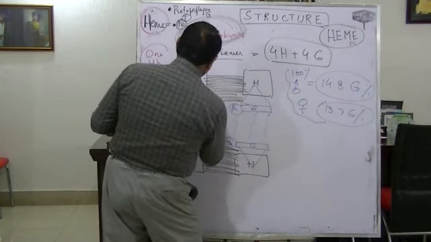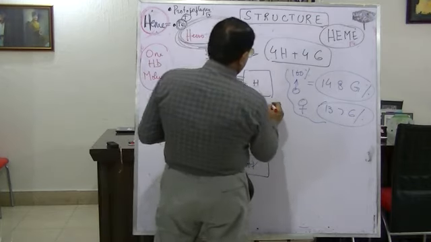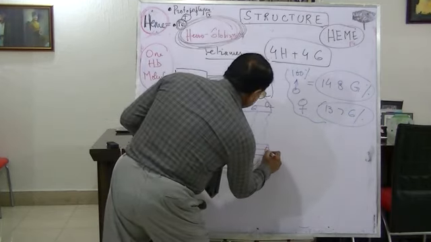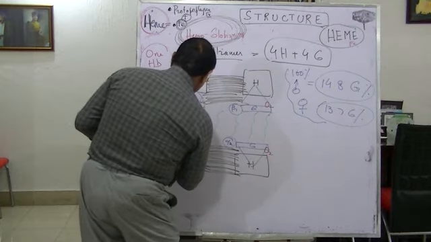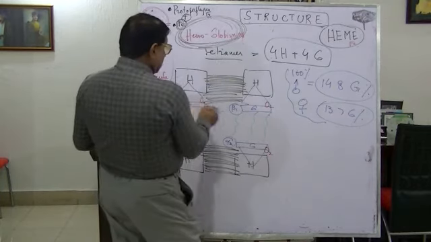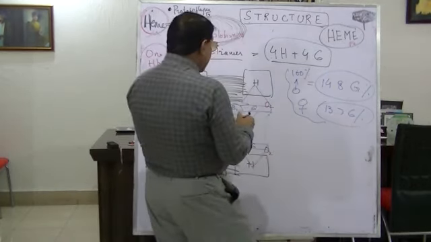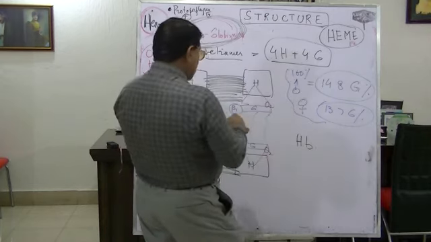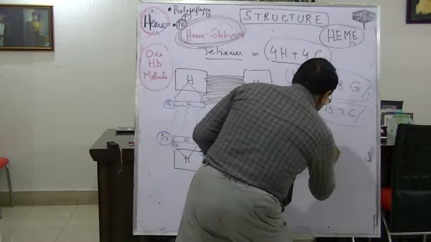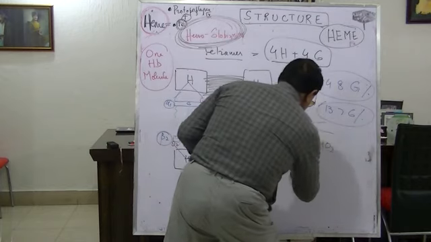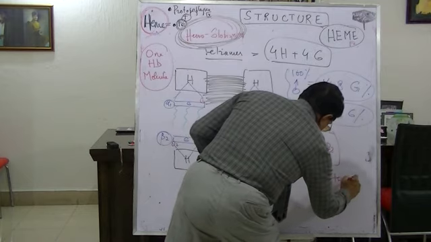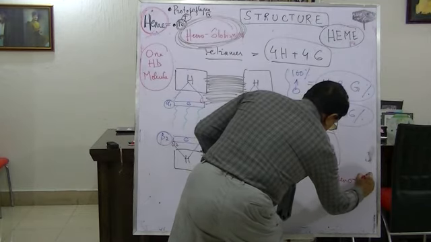So one oxygen molecule over here, one over here, one over here, and one over here. So now the whole compound is Hb. How many oxygens? 4 O2. This is oxyhemoglobin.